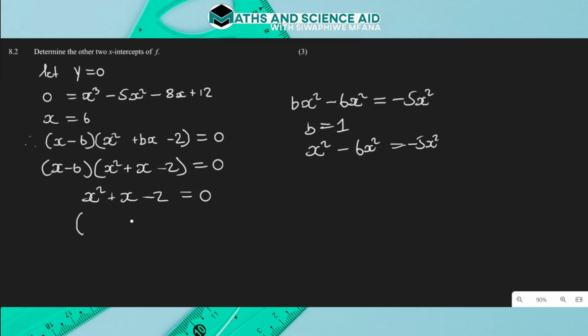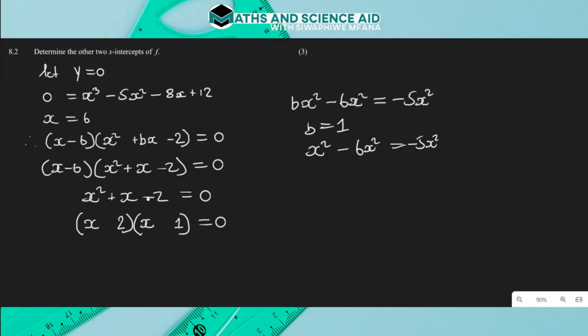So we open two brackets equal to 0, and so the first term is x squared, therefore we have x, and then the last term is negative 2, so we have 2 and 1, or 1 and 2.